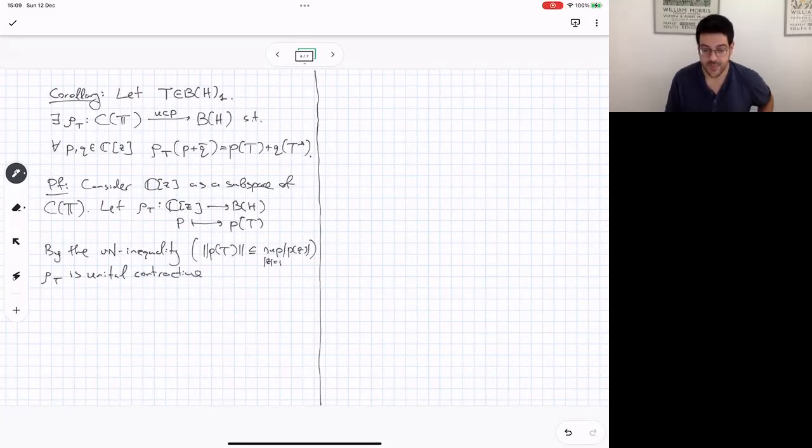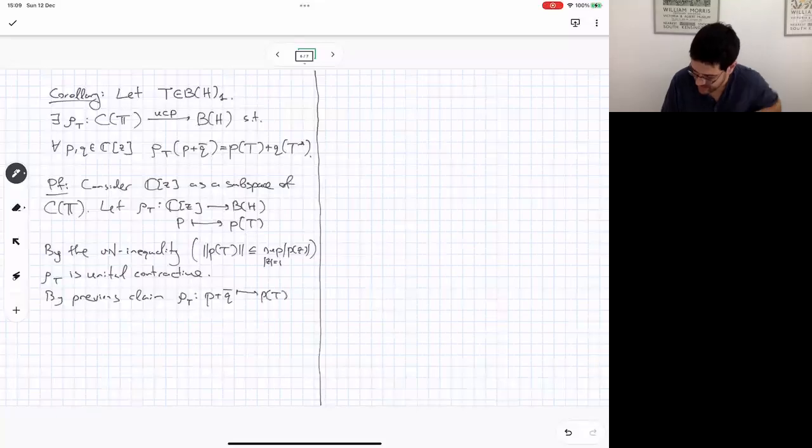So by the previous claim, the map, which I denote by rho_T again because that's the notation of the claim, that maps P plus Q bar onto P(T) plus Q(T) star, is well defined and positive.